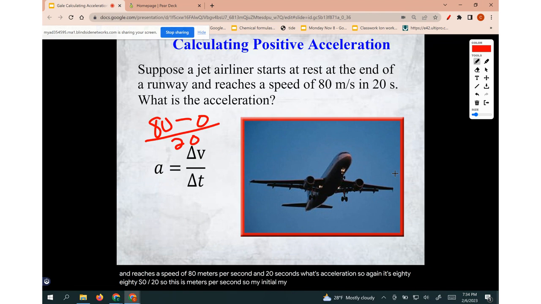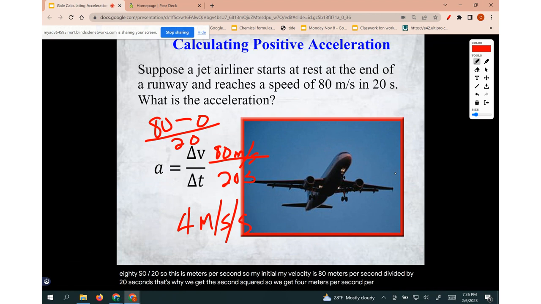My velocity is 80 meters per second divided by 20 seconds. That's why we get the second squared. So we get 4 meters per second squared. For every second, its velocity is changing by 4 meters per second. It's getting faster and faster and faster, but at a constant rate.